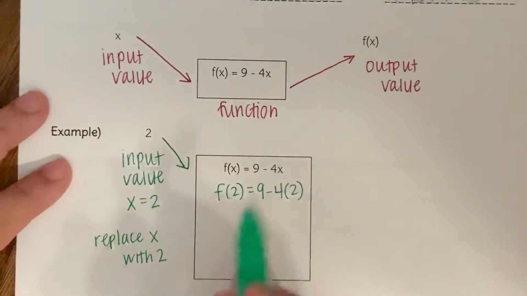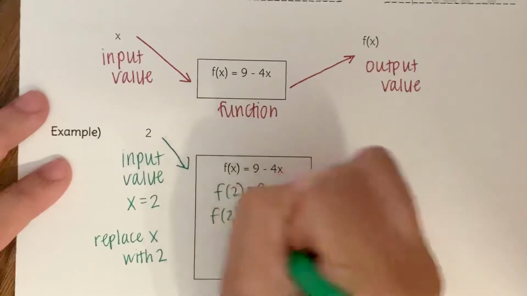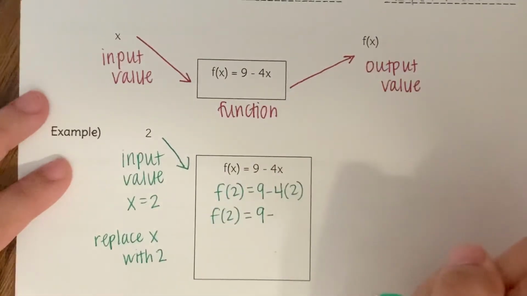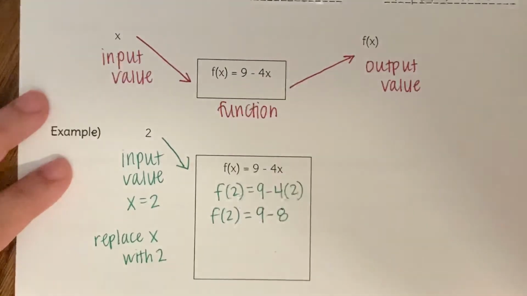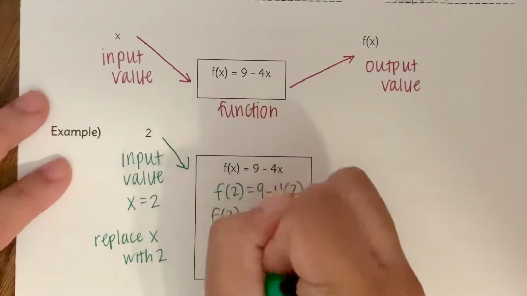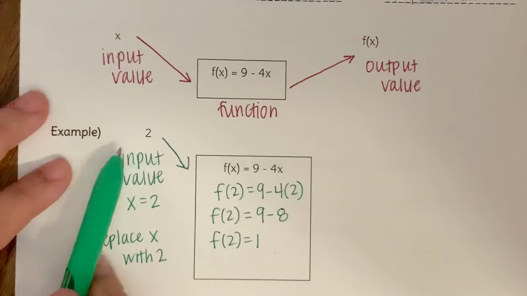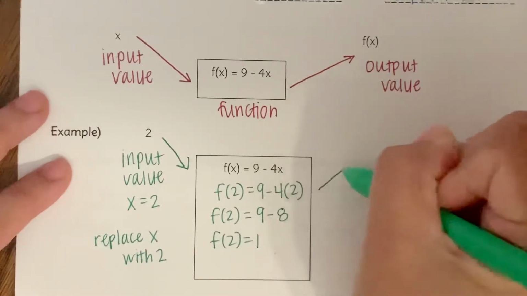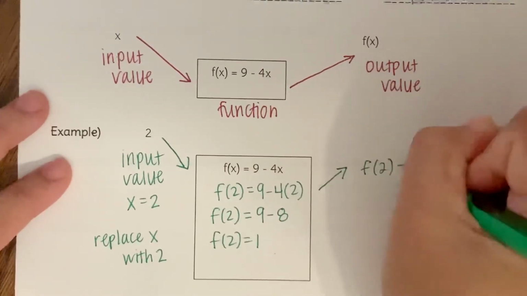So again, here is going to be f of 2 equals 9 minus, and we want to do the multiplication first. So 4 times 2 is 8. Then 9 minus 8 is 1. So f of 2 is equal to 1. So I input a value of 2, and then the output is going to be 1.